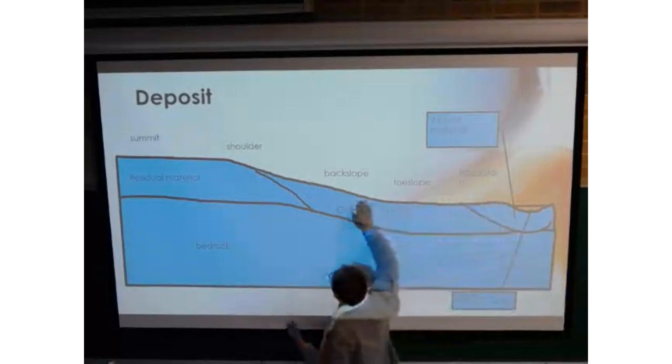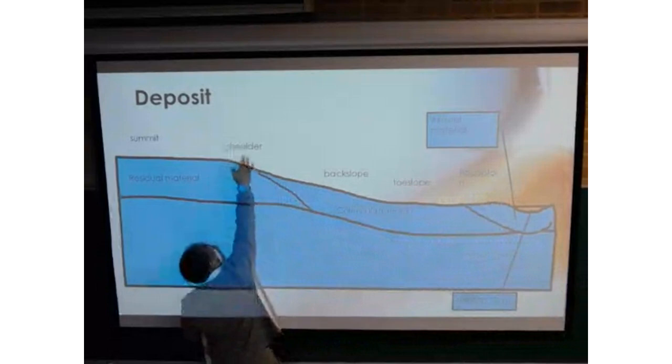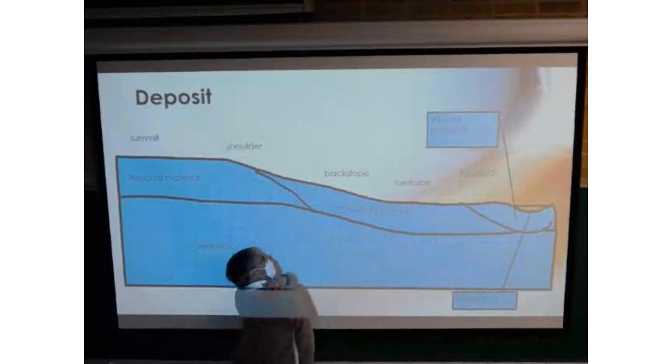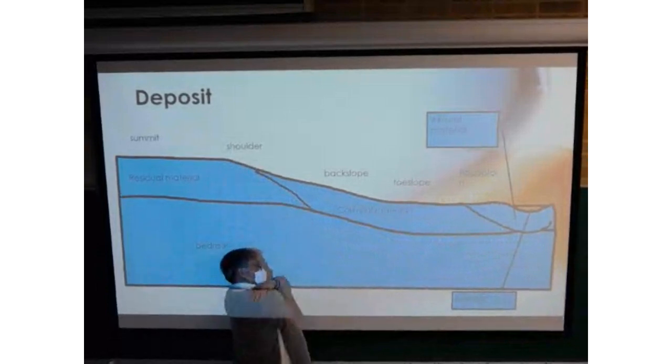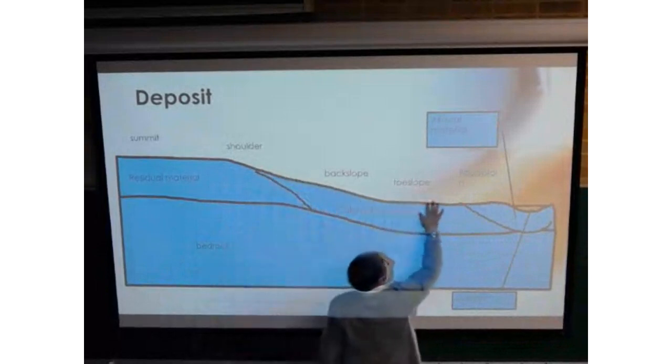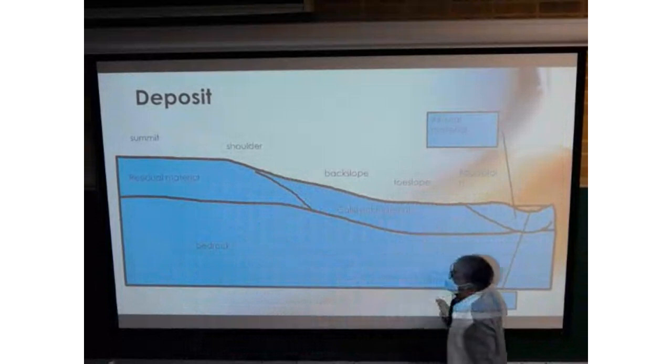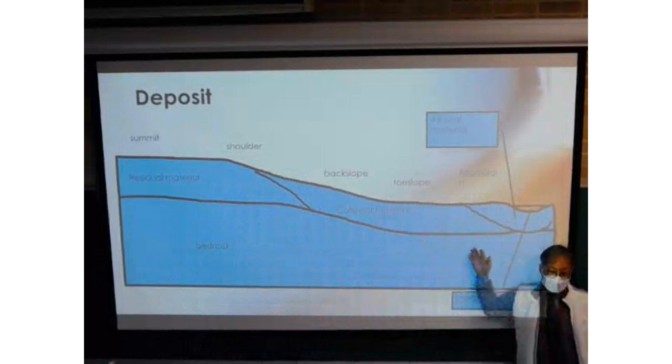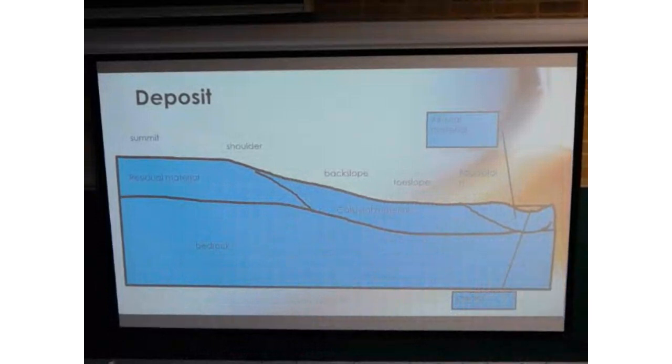And then here is the slope, we call it the shoulder, your shoulder area. And then here is the back slope and here's the toe slope. I suggest you remember this figure, and how to call each of the areas. These are the common soil slope areas.